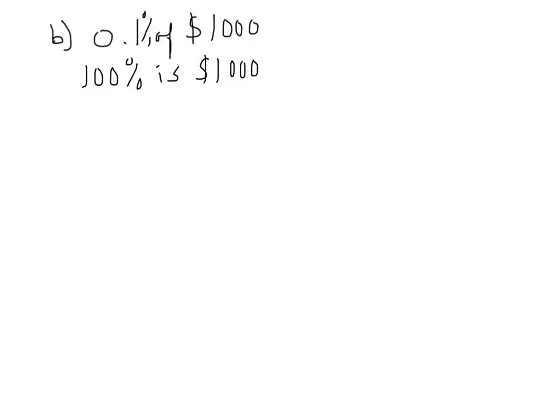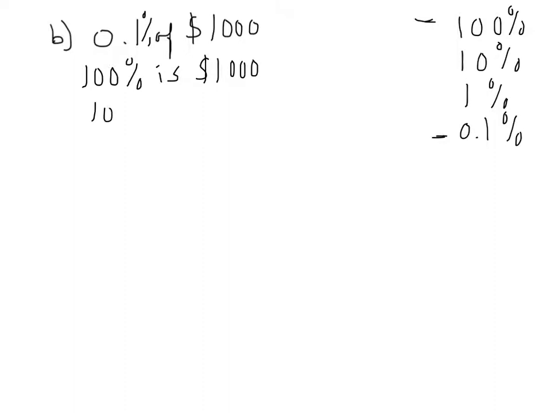Now let's keep working our way down, because we've got a bit of a chart here. We've got 100%, 10%, 1%, and 0.1%, which we want to get to. We want to get to here, and right now we're here. Each time we're going to eliminate zeros off our number to get to where we want to go. If 100% of 1,000 is 1,000, for 10% we've lost a 0 here, so we lose a 0 over here as well.